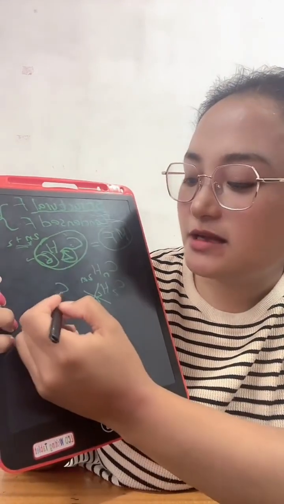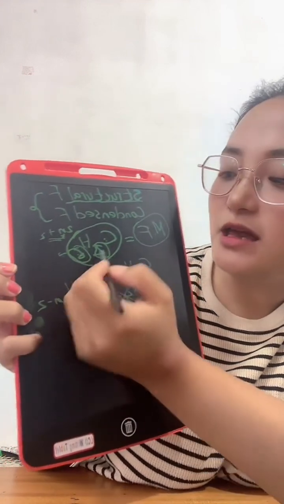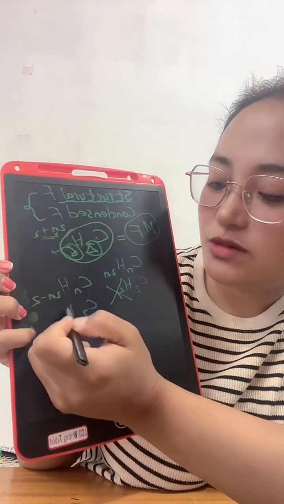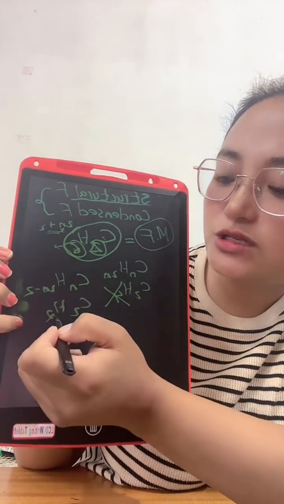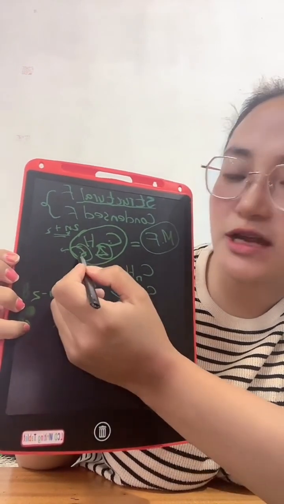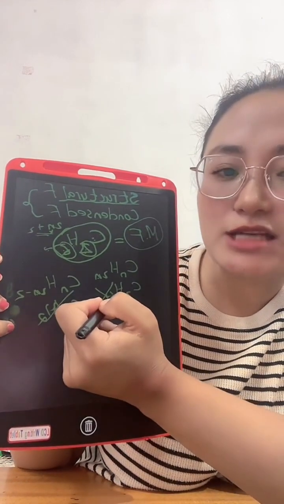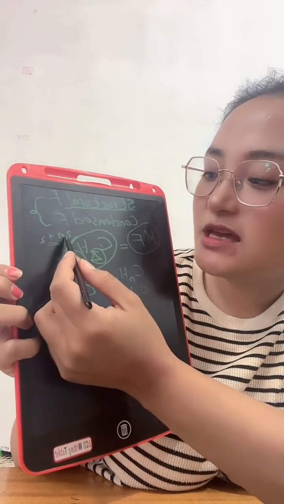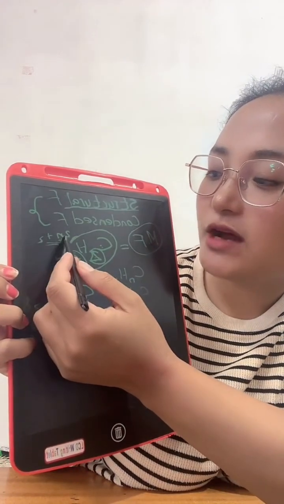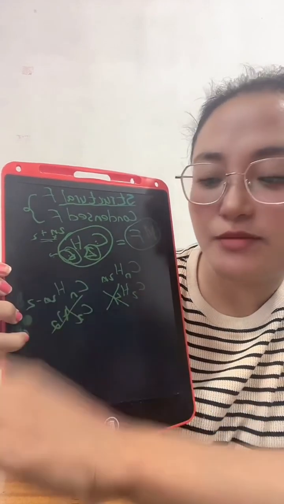Is it alkyne? CnH2n minus 2 gives 2 times 2 is 4, minus 2 is 2 hydrogens, but we have 6. So this is not alkyne, and neither is it alkene. The only option is alkane, CnH2n plus 2: 2 times 2 plus 2 is 6. So this is the alkane family.